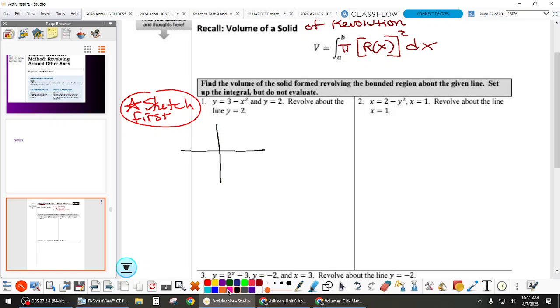So where is y equals 3 minus x squared? What does it look like? It's a concave down parabola, up at 3. Okay, and then our line y equals 2 is just a horizontal line.